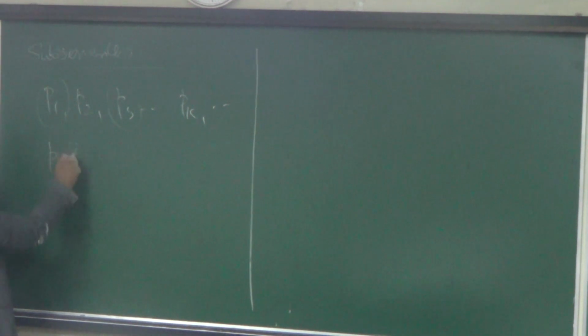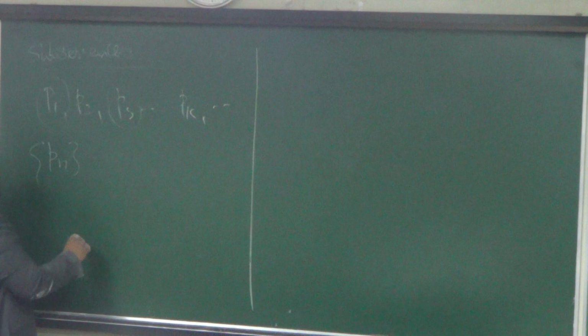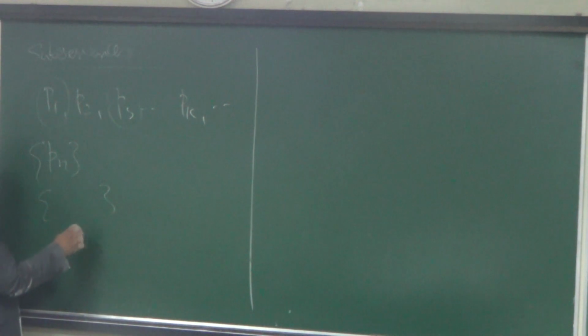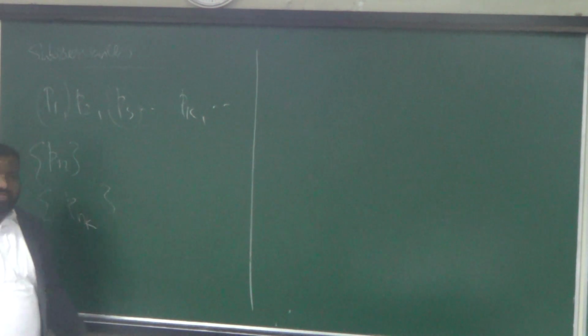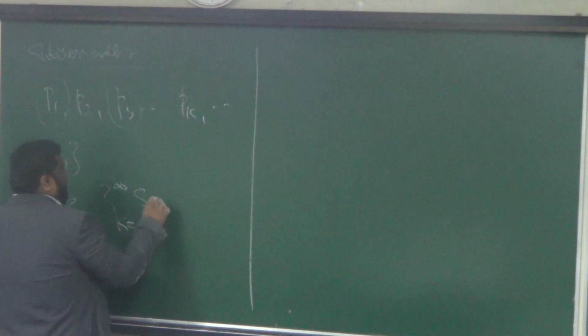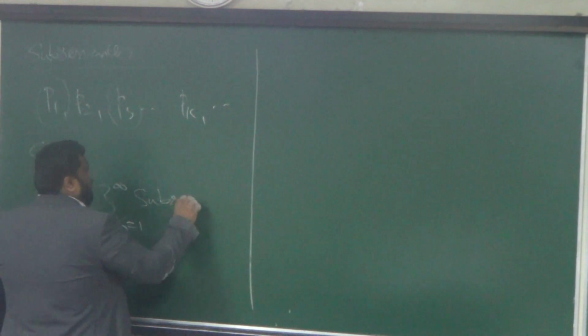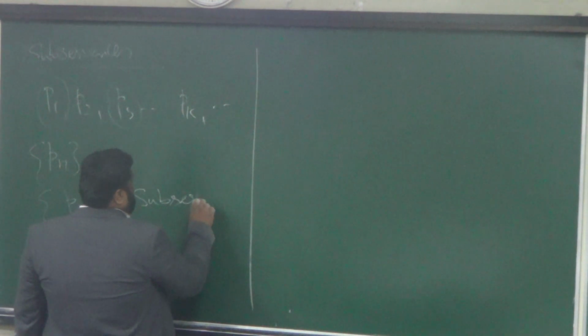If I have a sequence Pn, a subsequence that I'm going to denote is going to be P_{n_k}, for example, where k runs from 1 to infinity. So that's a subsequence.